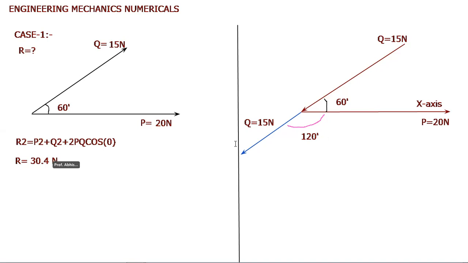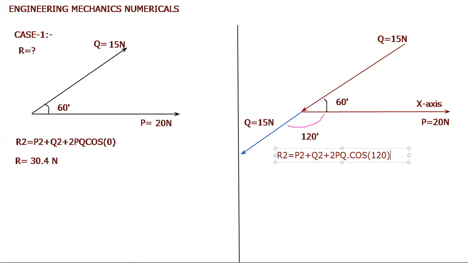So in this case, we will also apply the same formula, that is R square is equal to P square plus Q square plus 2PQ cos of theta, and the theta is 120 degree here in this case.